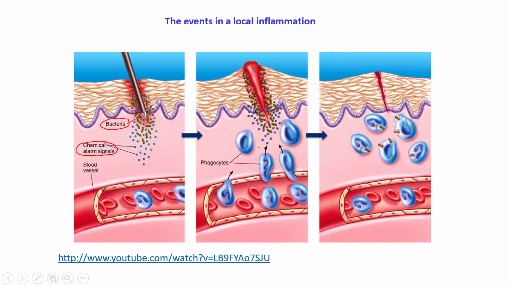Their job is phagocytosis, to digest the pathogen and remove it. So these bacteria are swallowed up by these phagocytes and digested. And then the wound begins to heal as those skin cells are replaced by mitosis.